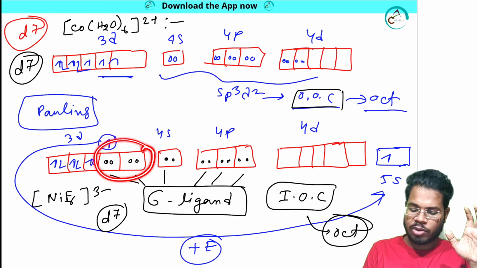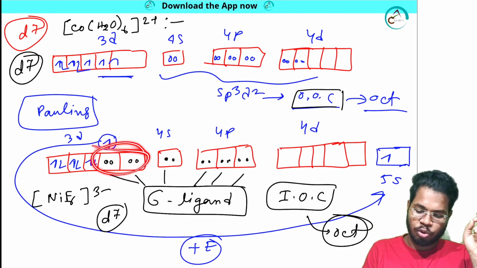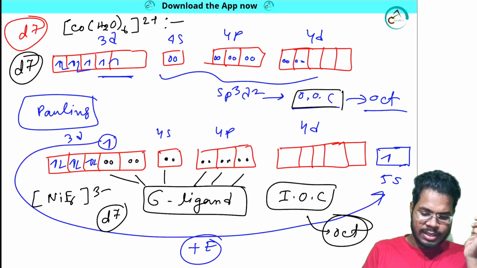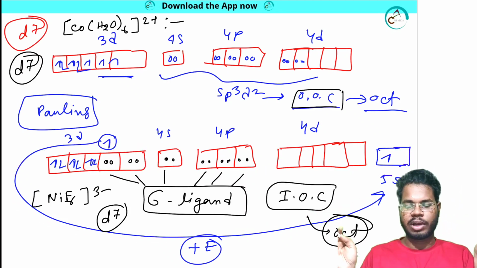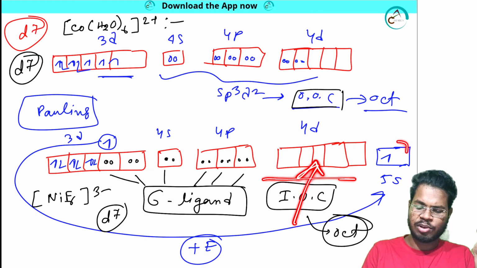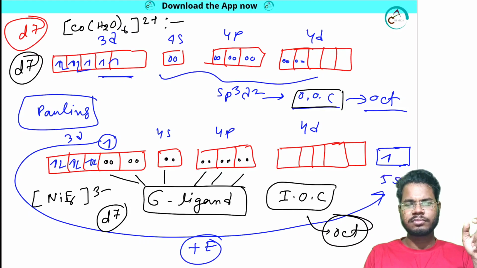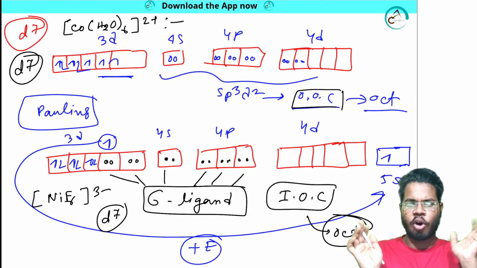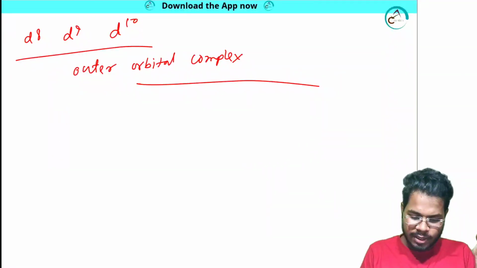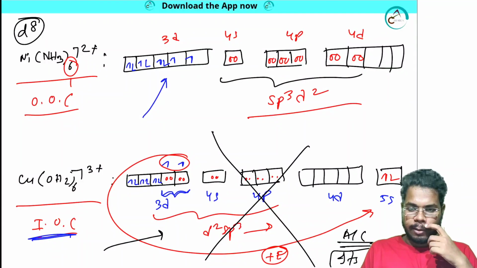Either you have to use this one or you have to use these two. You can't use both. The 4d orbital is too large to accommodate the electron, but the s orbital will accommodate it. So it's a common question and it's normal. Done.